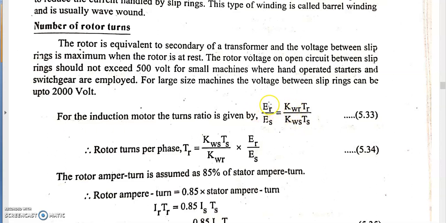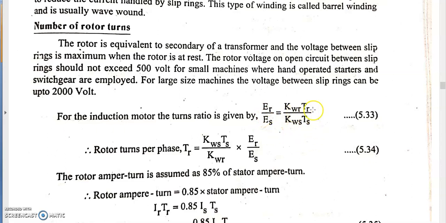So ER by ES is equal to TR by TS. This equation is very similar to E2 by E1 equal to N2 by N1 in a transformer, where 2 represents the secondary side and 1 the primary side. Here the primary side is equivalent to the stator and the secondary side is equivalent to the rotor.